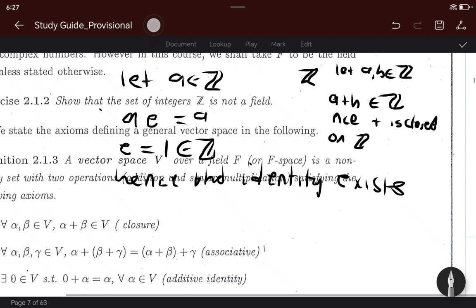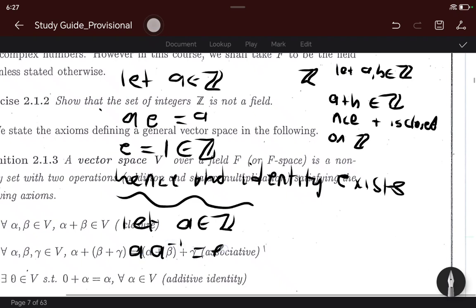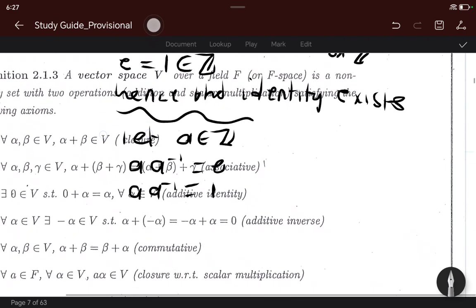Now, since the identity exists, we can check the inverse. We let a be an element of Z. Then the inverse is that we have a times this, which is equal to e, and we know that e is 1.